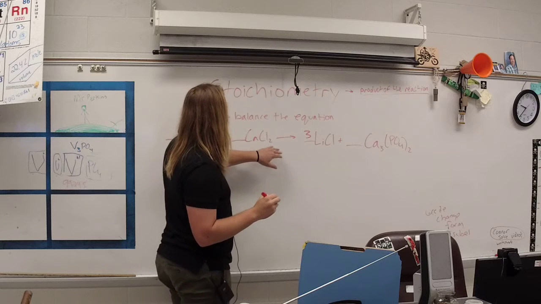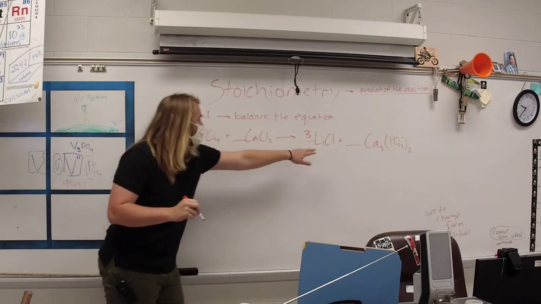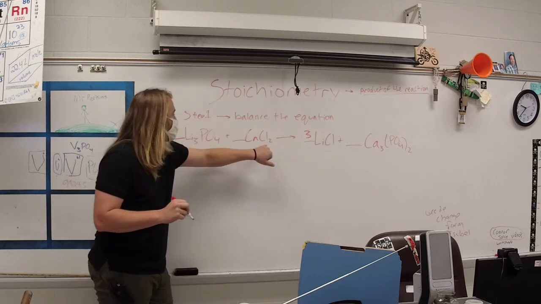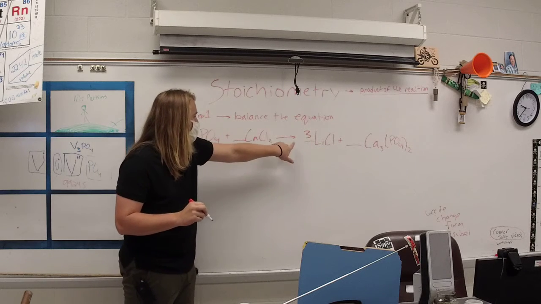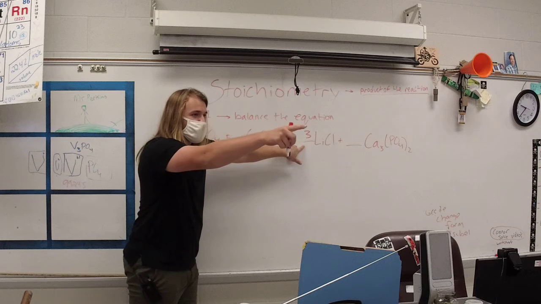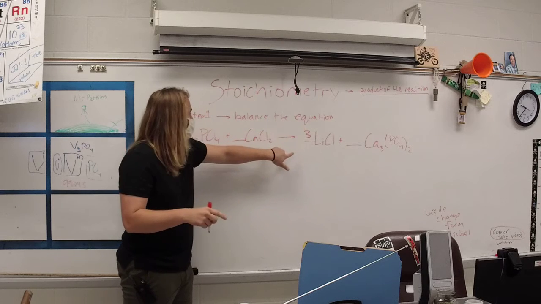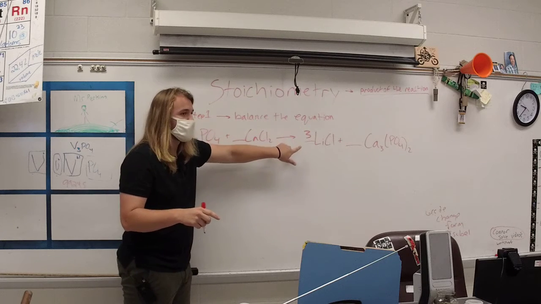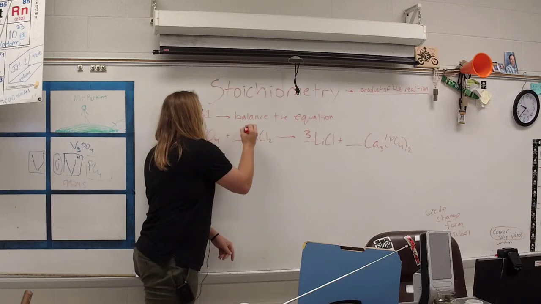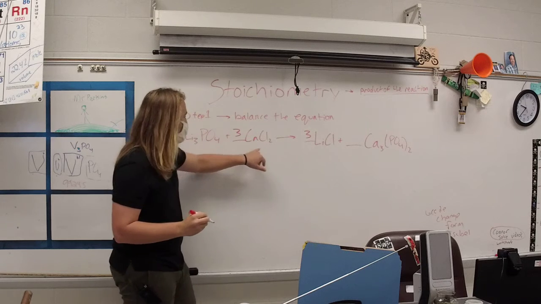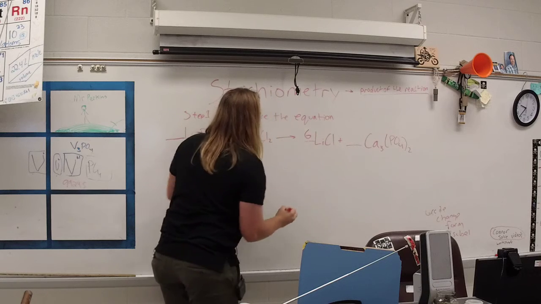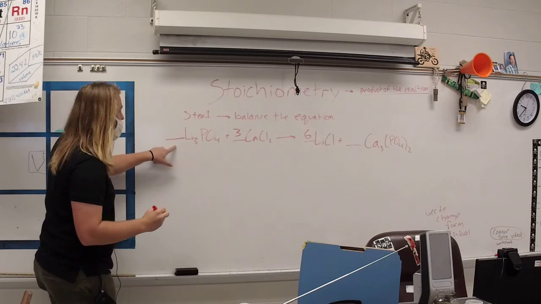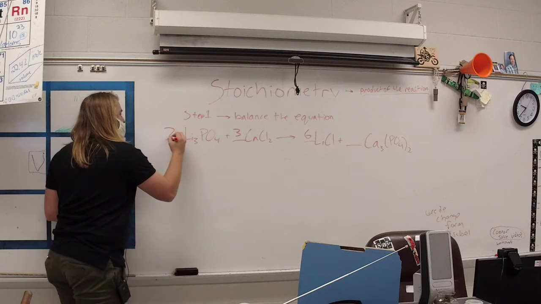Now that messes up our chlorine, because we have 2 right here and 3 over there. So how do we balance out the 2 and the 3? Yeah, we're going to have to get it to 6. So we put a 3 right here, and change this to 6, which means we have to come all the way back over here and change that to 2.